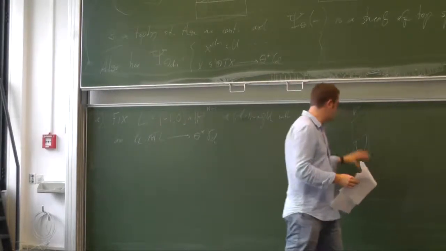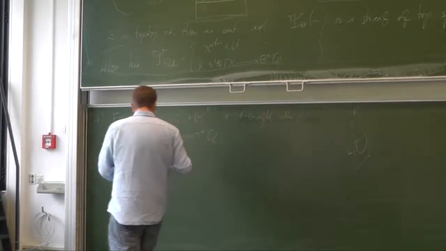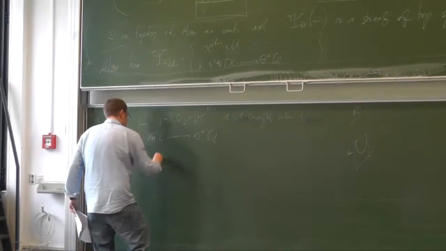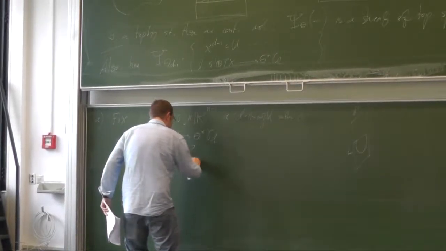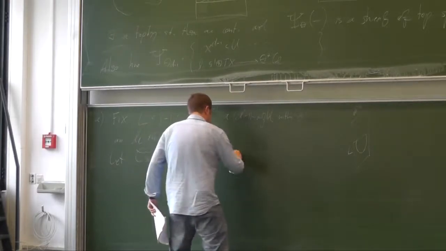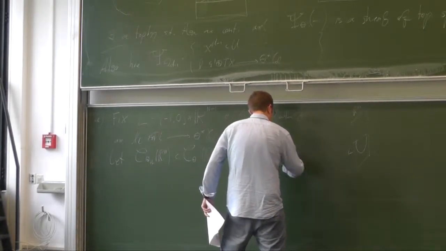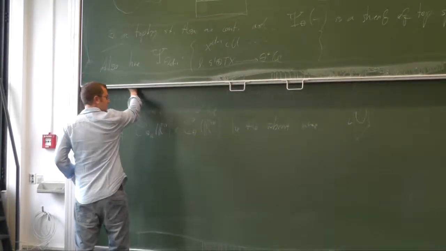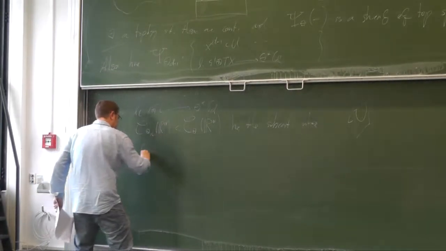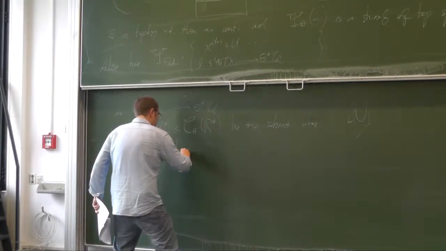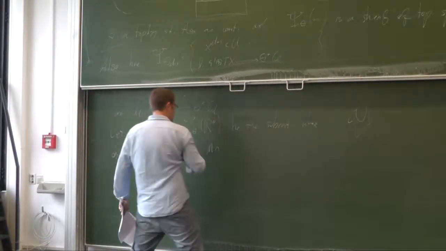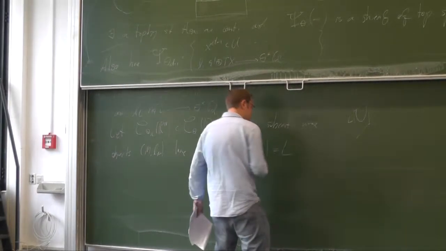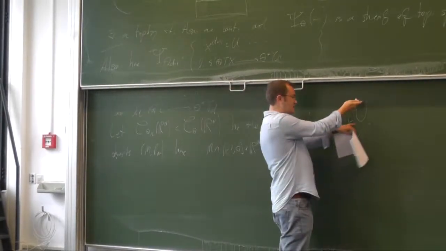And all the morphisms have to contain L cross R. So let C_theta^L(R^n) be the subcategory of C_theta(R^n) where objects M, L_n have M intersect with this half space equals L. So not only do they have to contain it, but under here they have to be it.